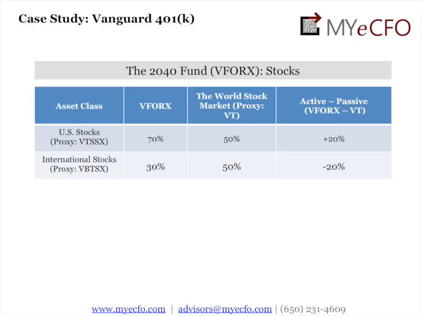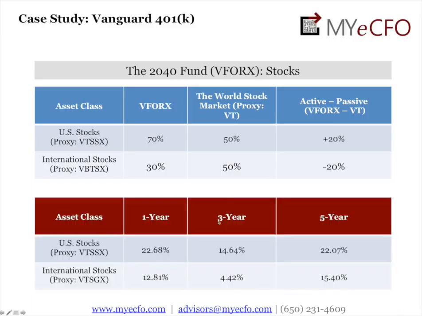So did the bet pay off? Well, if you look at U.S. stocks and international stocks over a 1-year period, over a 3-year period, and over a 5-year period, U.S. stocks have done much better than the international stocks. So the 2040 fund, in its implicit bet against international and in favor of U.S., did extremely well.